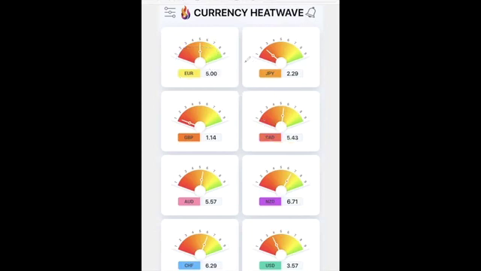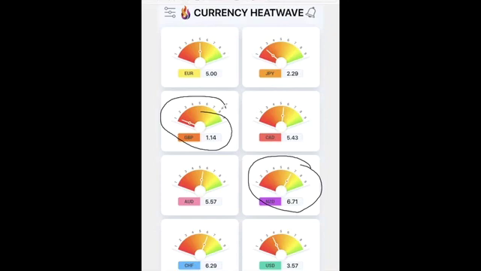Versus if, let's say, we pick the New Zealand dollar against the Great British pound, what direction would this pair be going in?